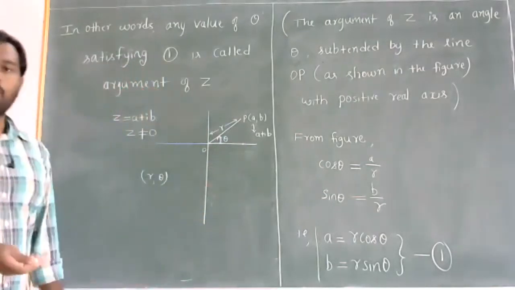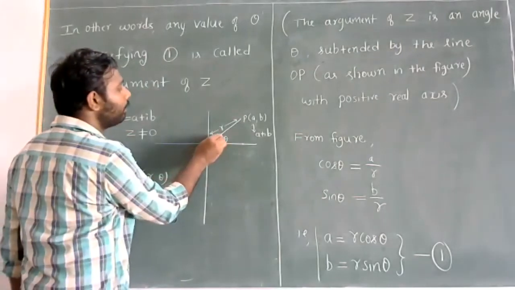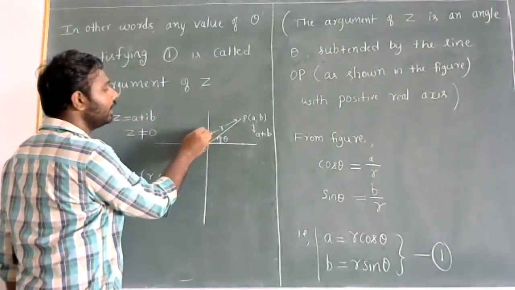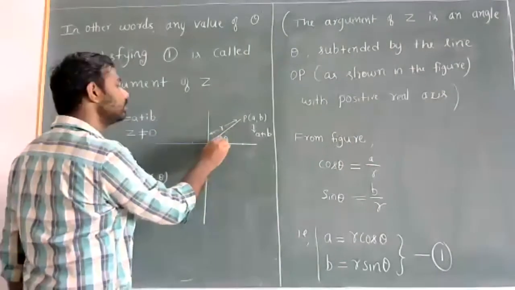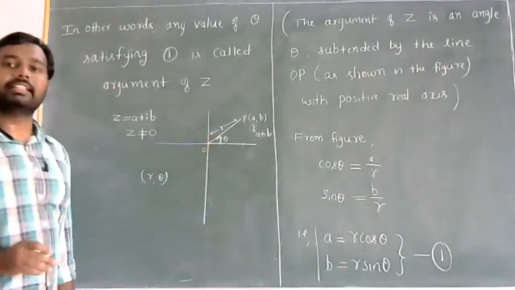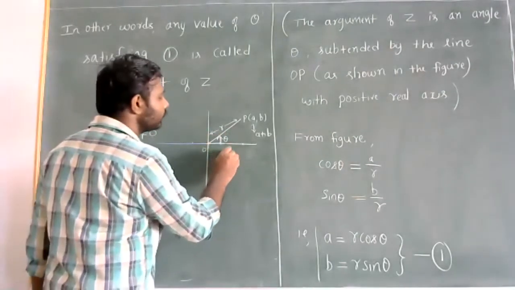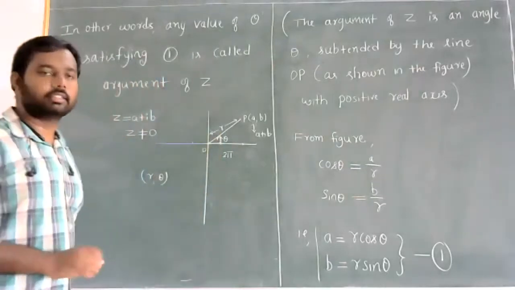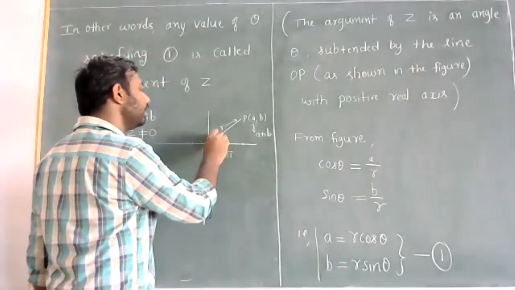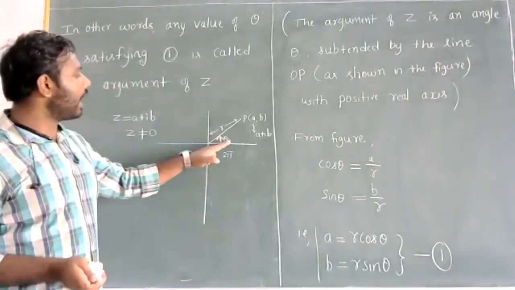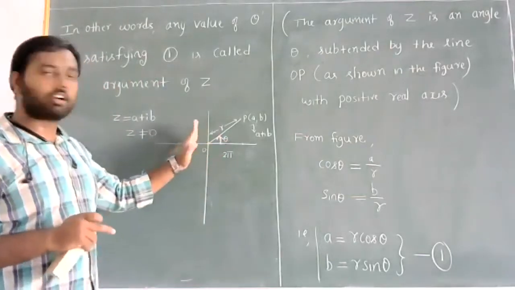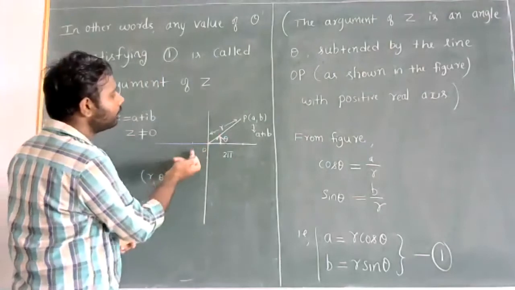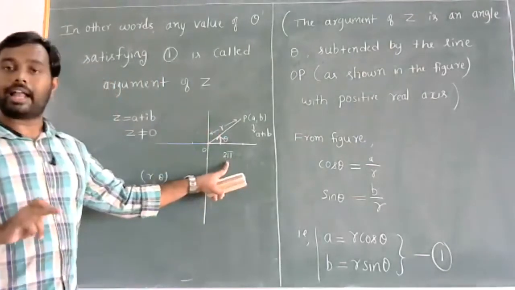Right? Now what I'll do is, from this position, I'll go around for an angle 360 degree. That means an angle 2 pi. So already I have moved angle theta in anti-clockwise direction, and now I am completing an angle 2 pi.